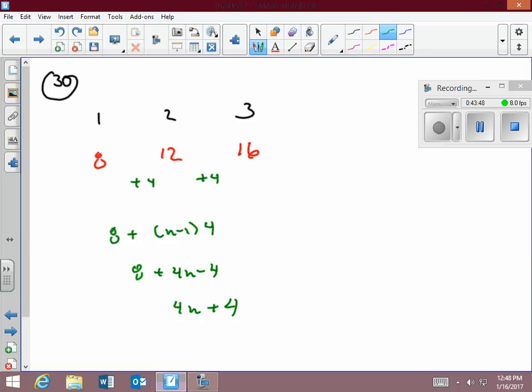Does that work? That would make the 10th one 4 times 10 plus 4, 44. Because as long as they go up by a common difference, you can just go plus, it's not too hard.